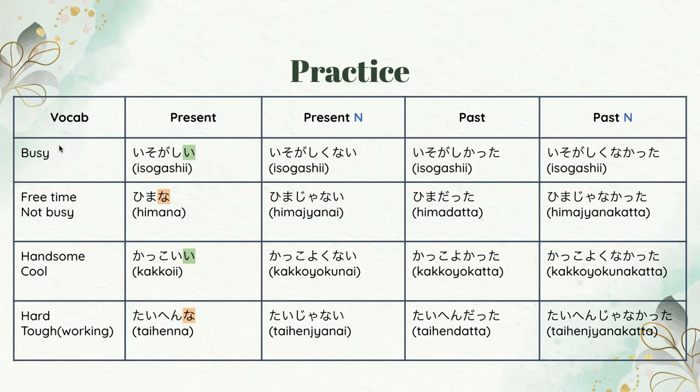On the left side, these are the vocabularies that we're going to review. And if I want to say busy, the present tense would be 忙しい. And then the present negative would be 忙しくない. The past would be 忙しかった.